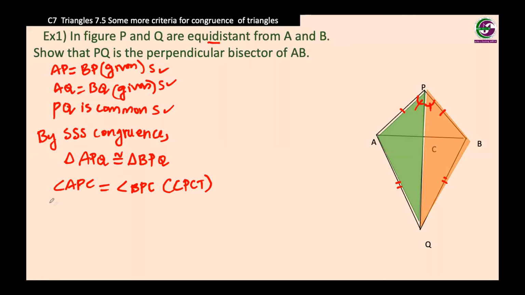From triangles APC and BPC, we can see that AP is equal to BP. It's given.